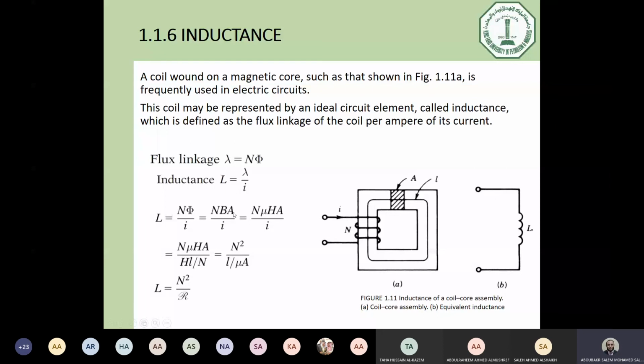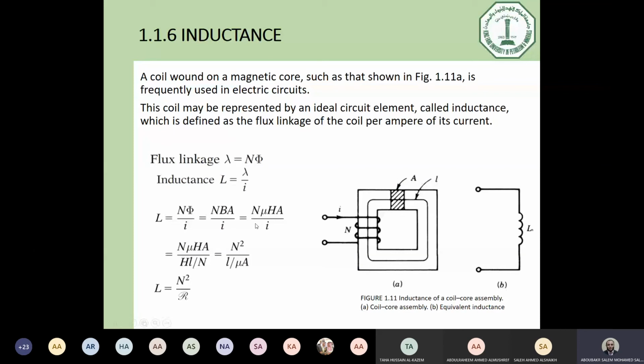Now we are turning to the parameters. So N B A divided by I, then B equals mu H, where mu is the relative permeability multiplied by the absolute permeability. Now we have H and I, and we need to remove also these two parts to keep all of the equation depending on the core and winding itself.